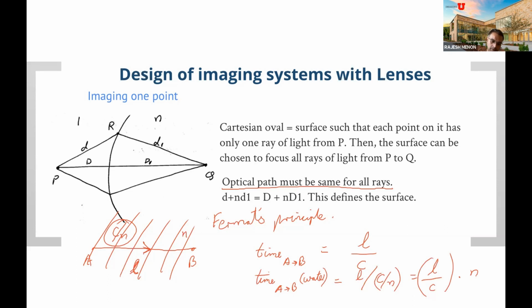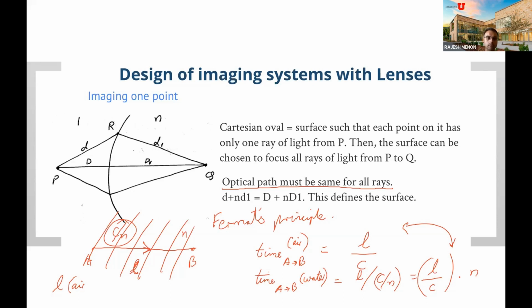Now, if I compare these two, this one in air and this one in water, what you will notice is that the time traveled in water is longer by a factor of n.